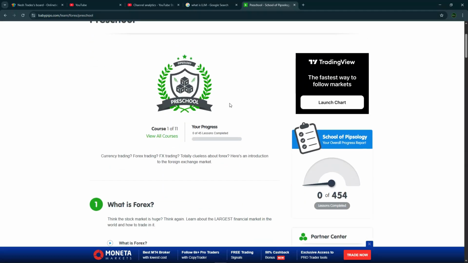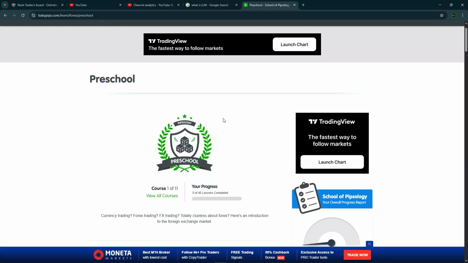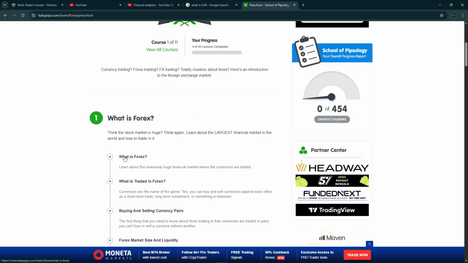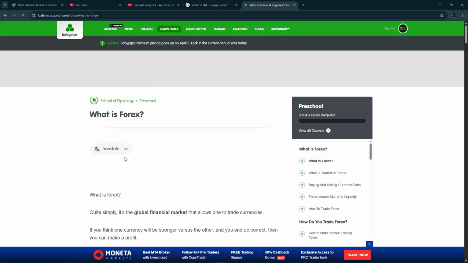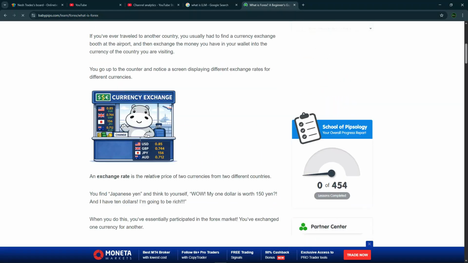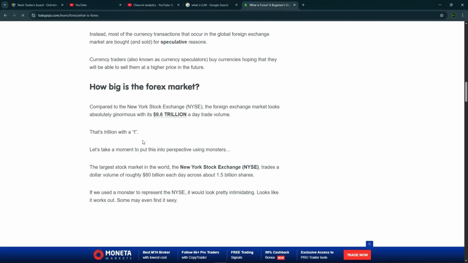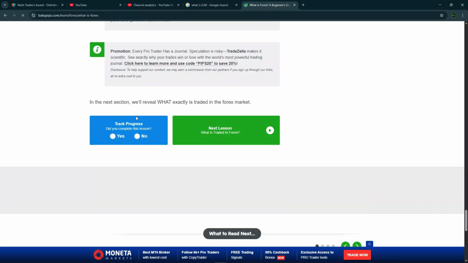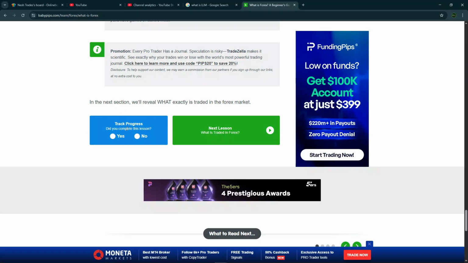Like once you complete a course or a lesson, you can click done, and then you have everything on this progress bar. For example, let's click what is Forex, and then after you read and read, once you complete it, you have these 2 buttons here. It's going to ask you track progress.